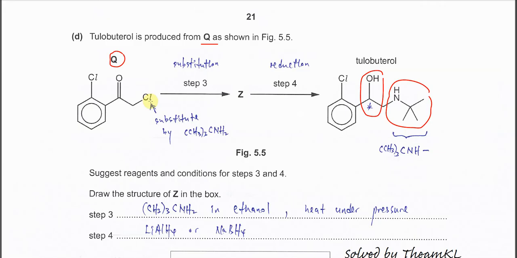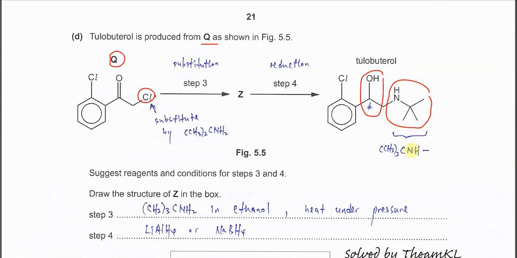For step 3, the chlorine must be substituted by an amine.